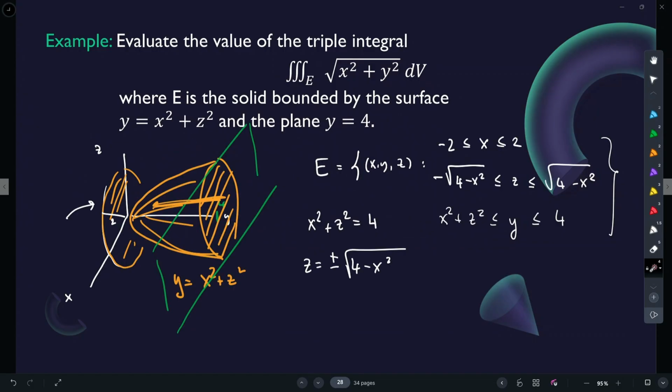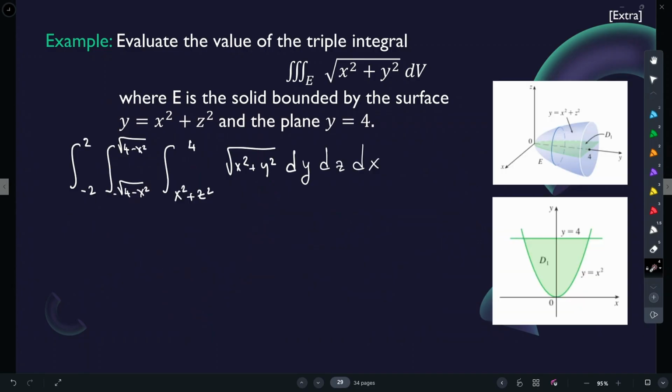So if you go back to how you naturally describe this region, any point in here, and then any one of those, that should be the order in that direction from here to here to here. Okay?